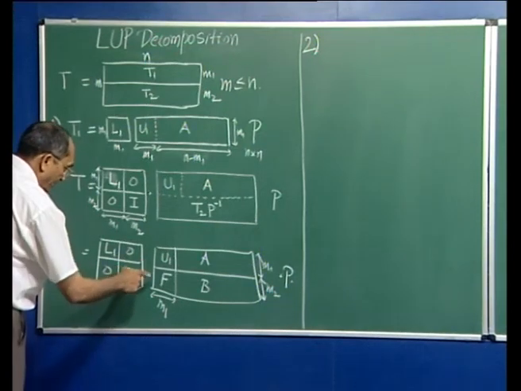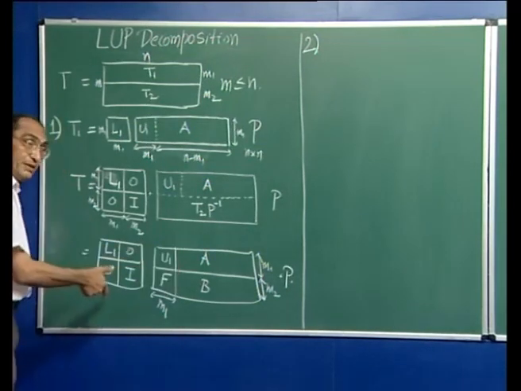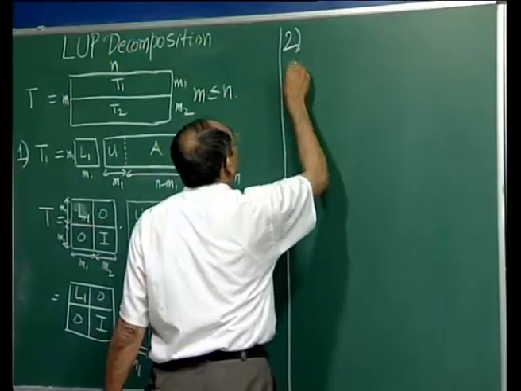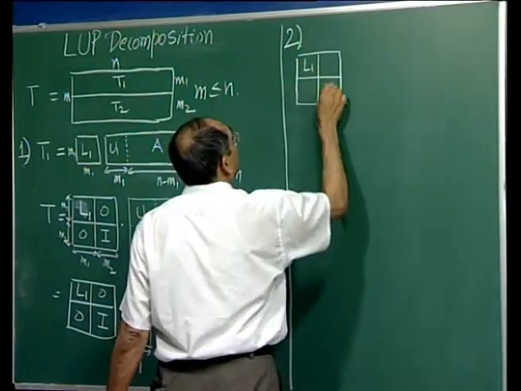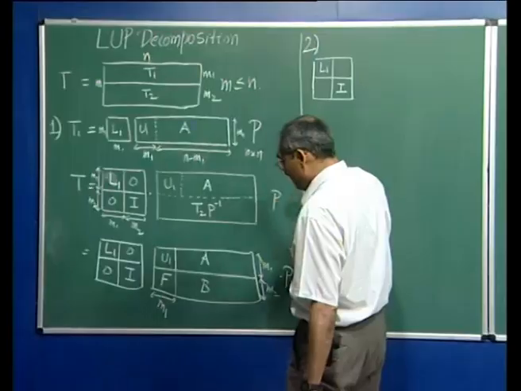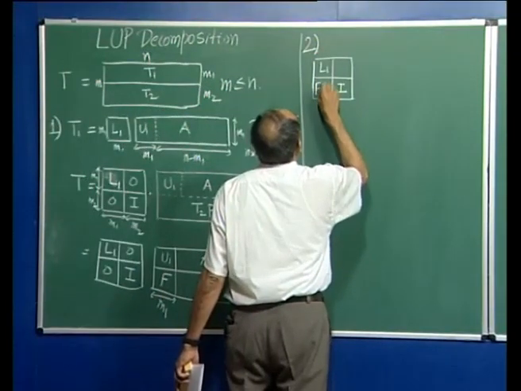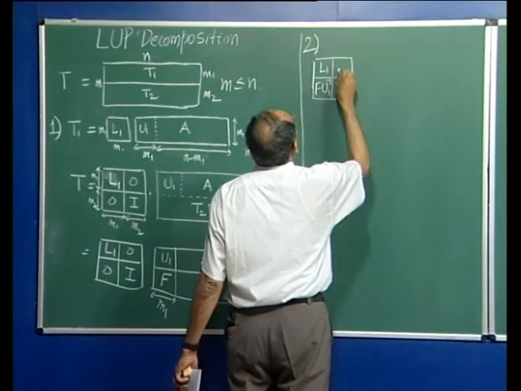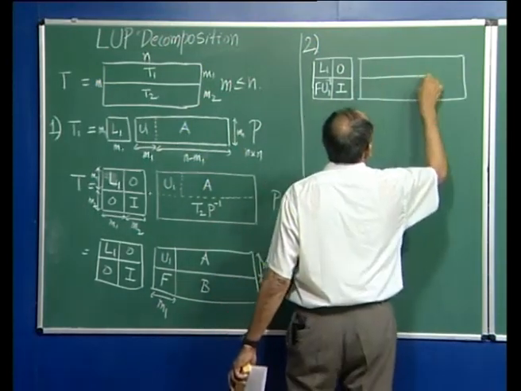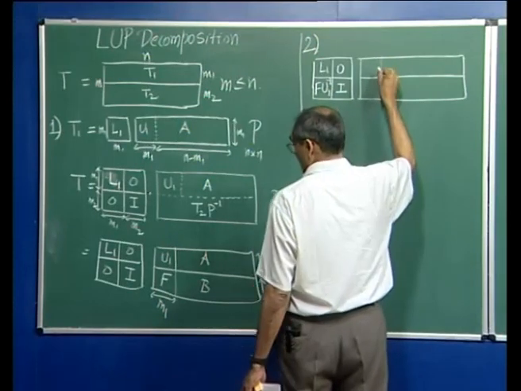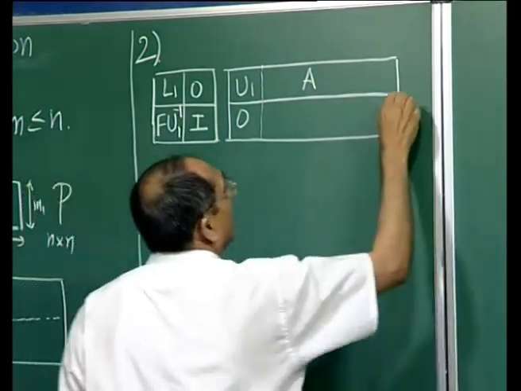And for that, what we will do is, we will set this to 0, and this will be such that when multiplied here gives me F. So that can be done by replacing this by FU1 inverse, FU1 inverse, this will stay there, and we have a this is still U1, this is A, this we will set to 0, and we will have a P here.